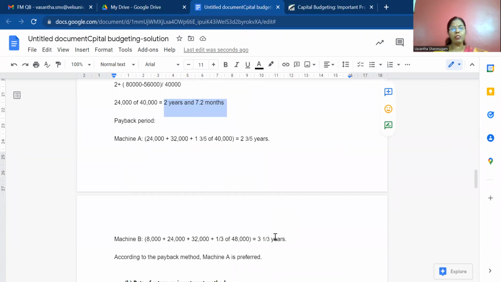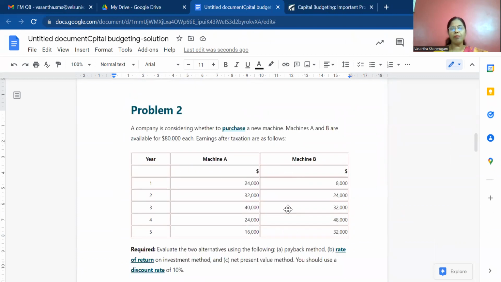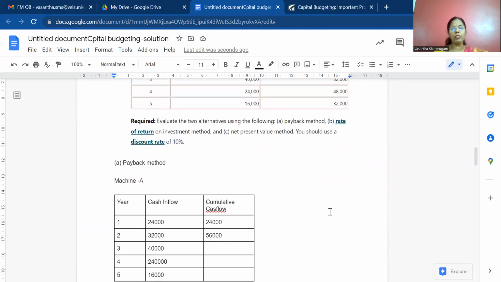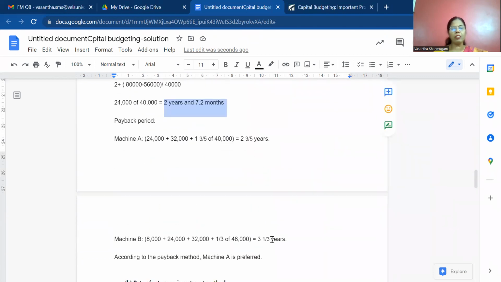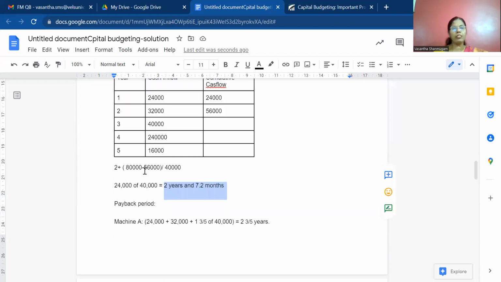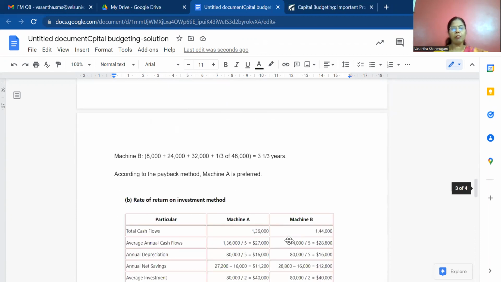If you go beyond the third year, the value becomes more than 80,000, so you stop at the third year. Then you calculate the proportion of the amount required, and how much is generated, divided by the number of years.